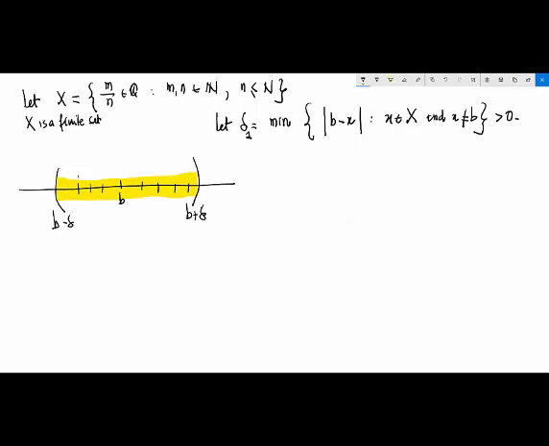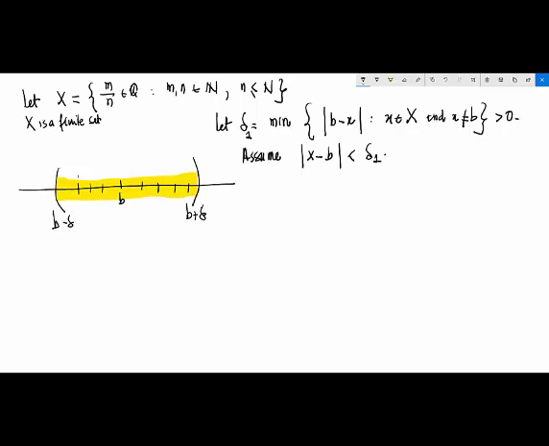So if we fix such a delta 1, then now assume that the absolute value of x minus b is less than delta 1. Well, if x is a rational number, we have already settled this.